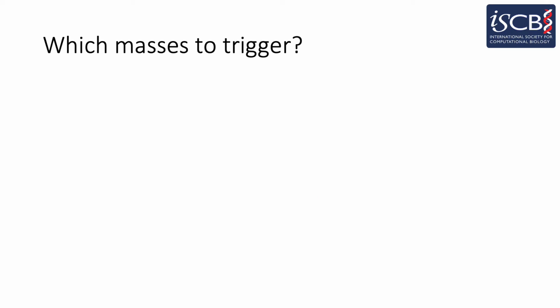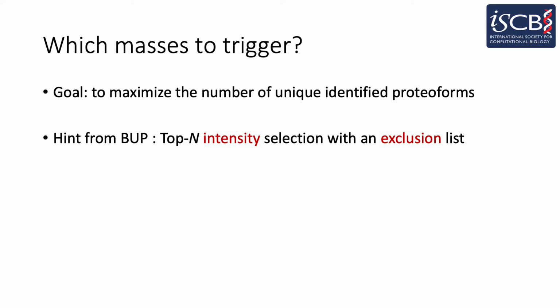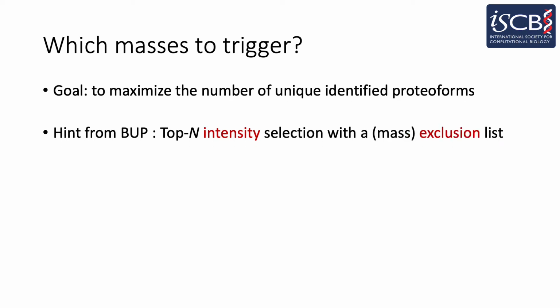After we have the masses in real time, thanks to FLASHDeconv, we still need to decide which masses to trigger. The goal for complex data analysis is to maximize the number of unique identified proteoforms. If we apply the methods used in bottom-up data acquisition, we may adopt top n intensity selection with an exclusion list. In our case, it is actually a mass exclusion list. But still, we have a few issues.